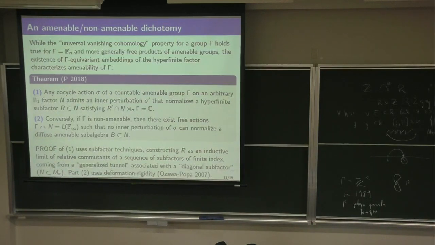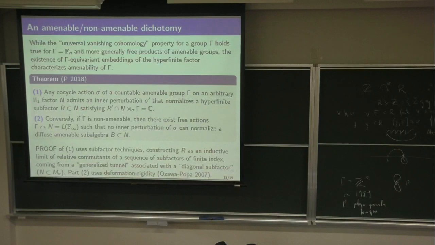Unlike the vanishing of the cohomology, which we saw is not specific to amenable groups, even F_n satisfies it, this property of being able to build a large hyperfinite subfactor that's normalized by your group, modulo some perturbations, really holds if and only if the group is amenable. I mean, the universal property. So this theorem is actually true.